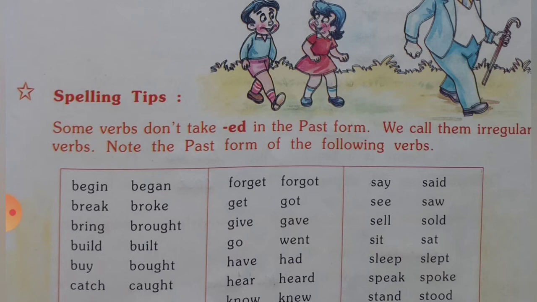Break, the past form is broke. Bring, brought. Build, built. Buy, bought. Catch, caught. Forget, forgot. Get, got. Give, gave. Go, went. Have, had. Hear, heard. Know, knew.